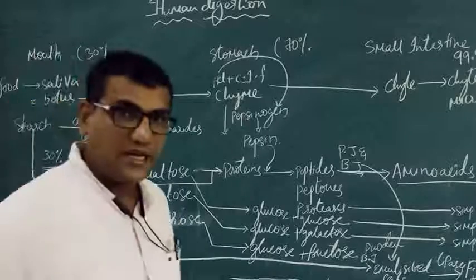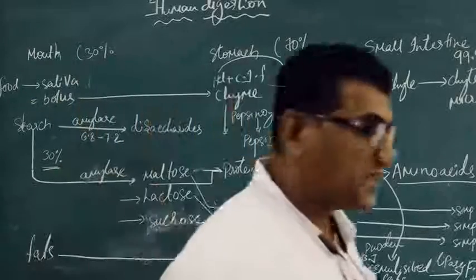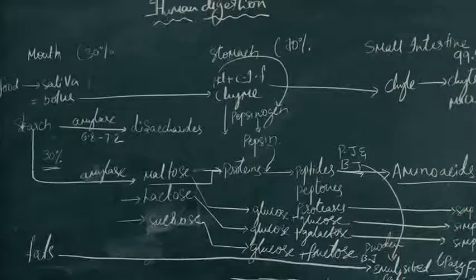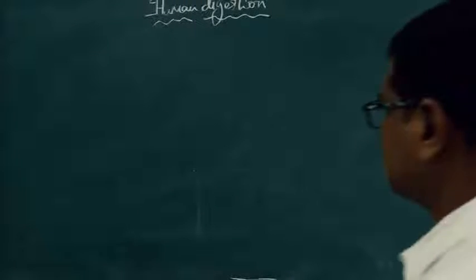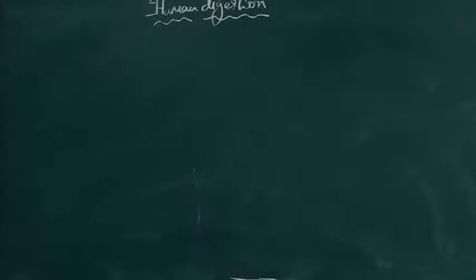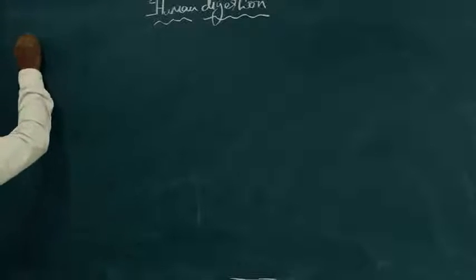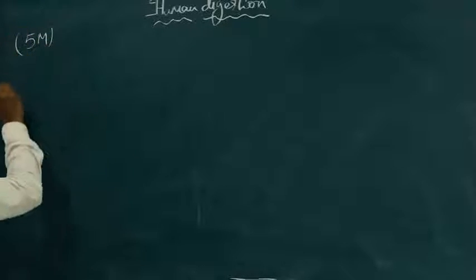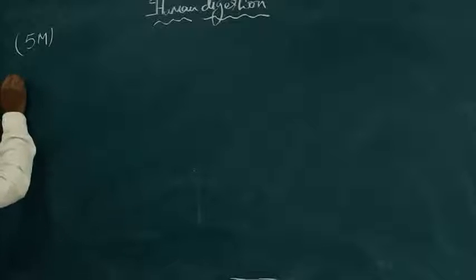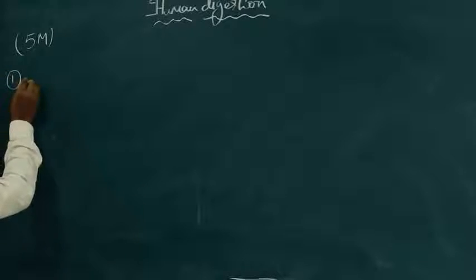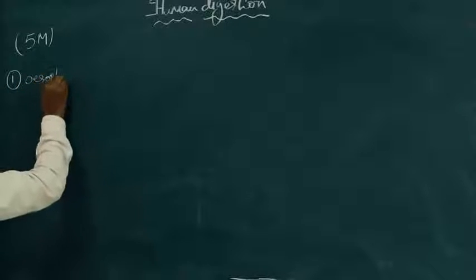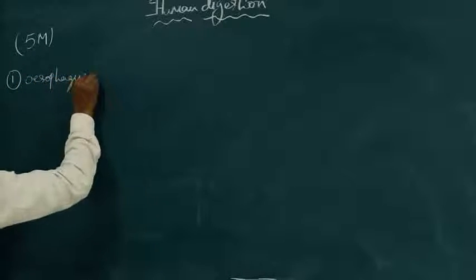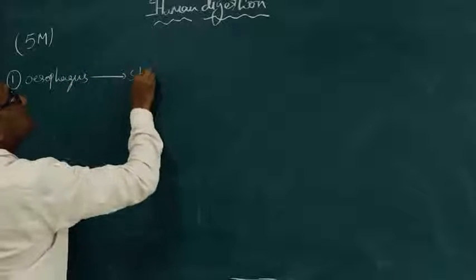So coming on to the absorption, we need to discuss certain points. Once have a glance at this. As we have discussed, there are 5 sphincters, a very important 5-mark question. The first sphincter is present between the esophagus and stomach.